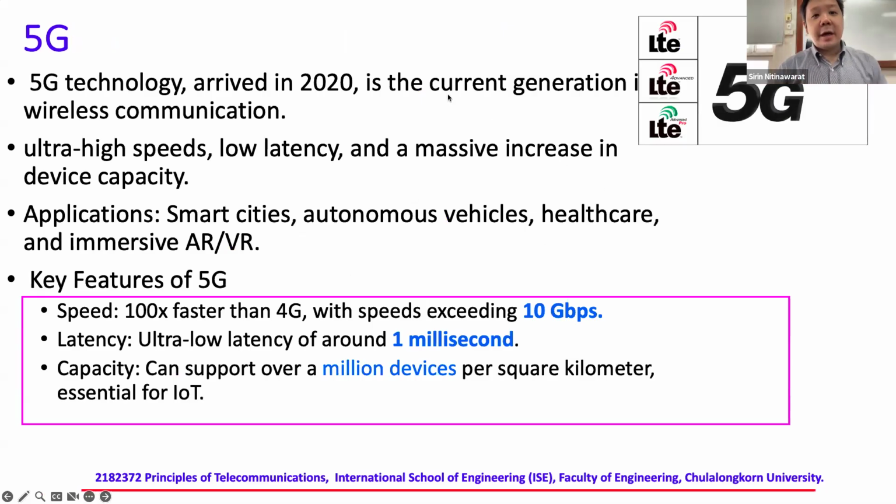5G is our current generation. This is aimed to improve everything: better throughput, lower latency, and a major improvement in capacity, meaning supporting more users with more data rates as well. And these are there to enable new challenging applications.